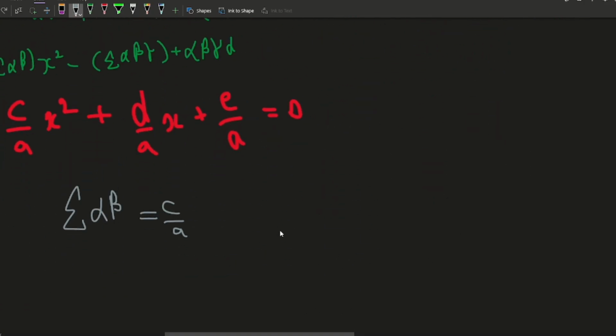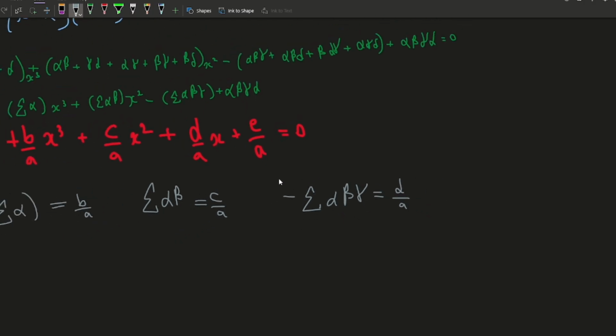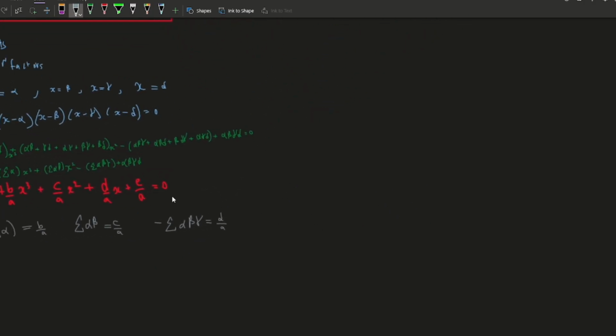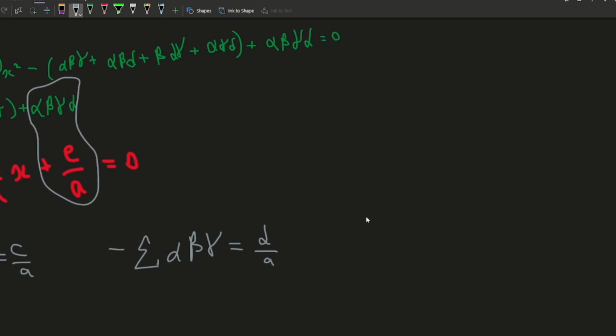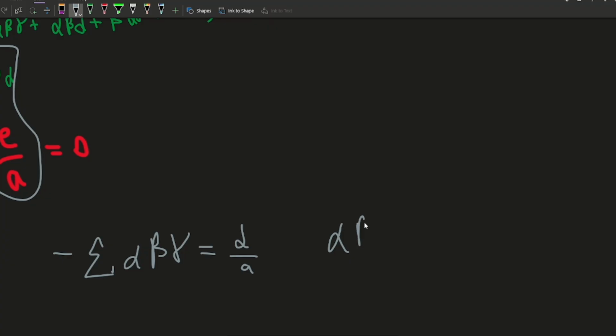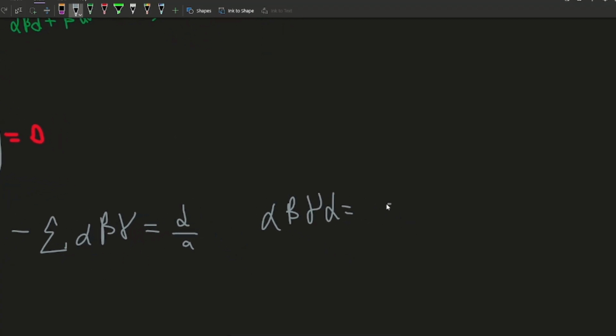So minus summation of alpha beta gamma is equal to d over a. And lastly we have alpha beta gamma delta, the product of roots, so alpha beta gamma delta is equal to e over a.